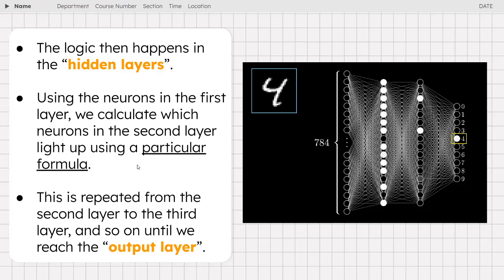I'm not gonna talk about the formula for now, but later in the video. All you have to know is that all the neurons from this layer are used to calculate which neurons on this layer light up, and all of the second layer is used to calculate which neurons are lit in the third layer, and so on until we reach the final layer, and this final layer is called the output layer.